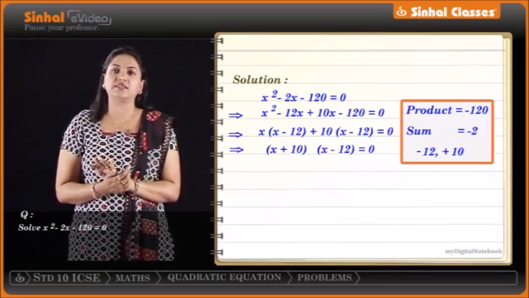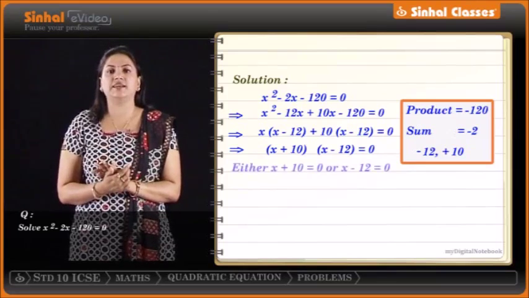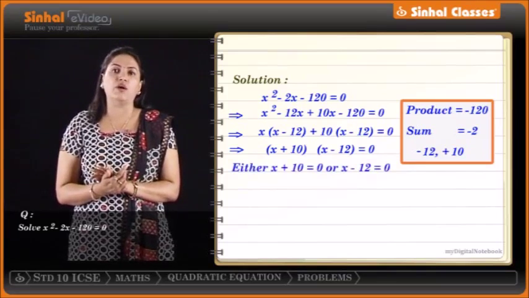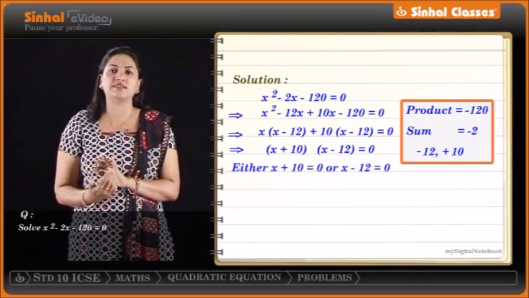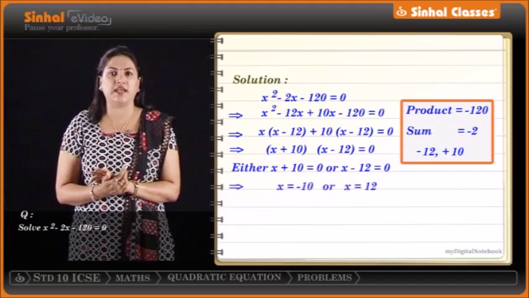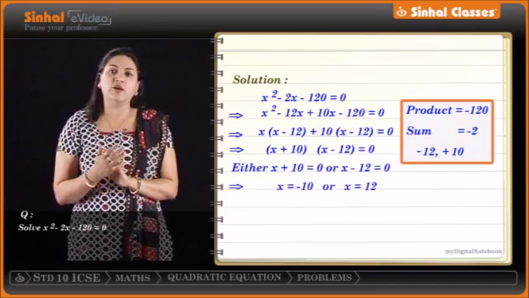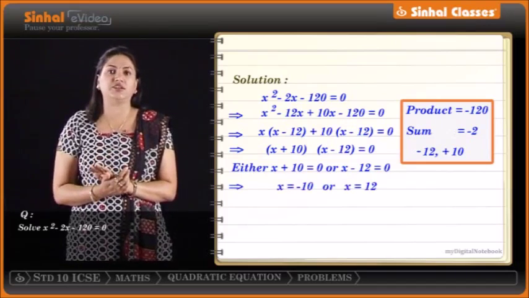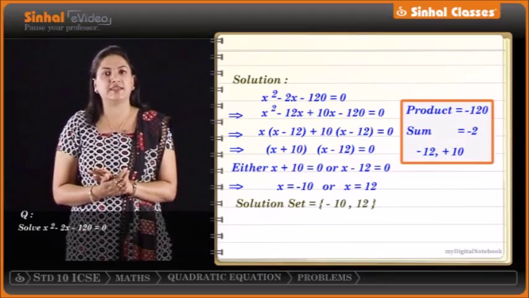Now if the product is 0, one of them is 0. So either x plus 10 is equal to 0 or x minus 12 is equal to 0. So x is equal to minus 10 or x is equal to 12. Now in this we have to always mention the solution set, which will be minus 10, 12.